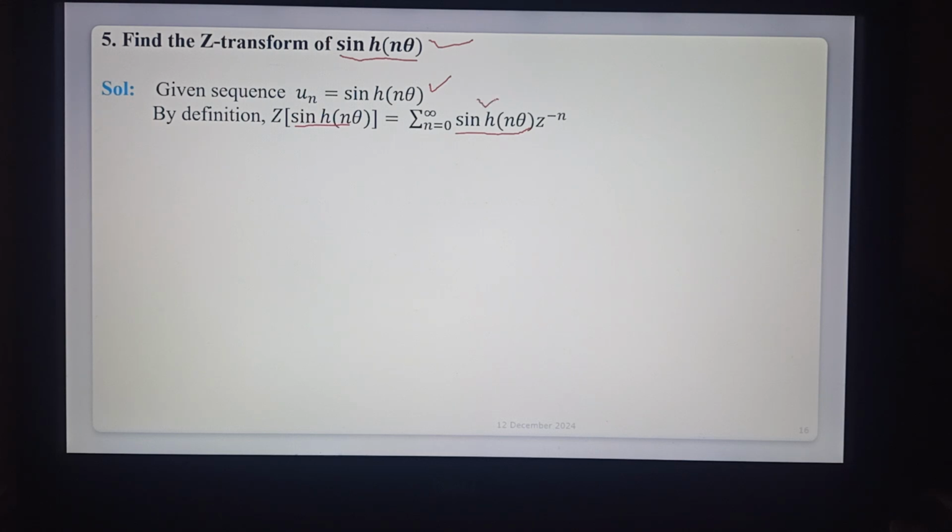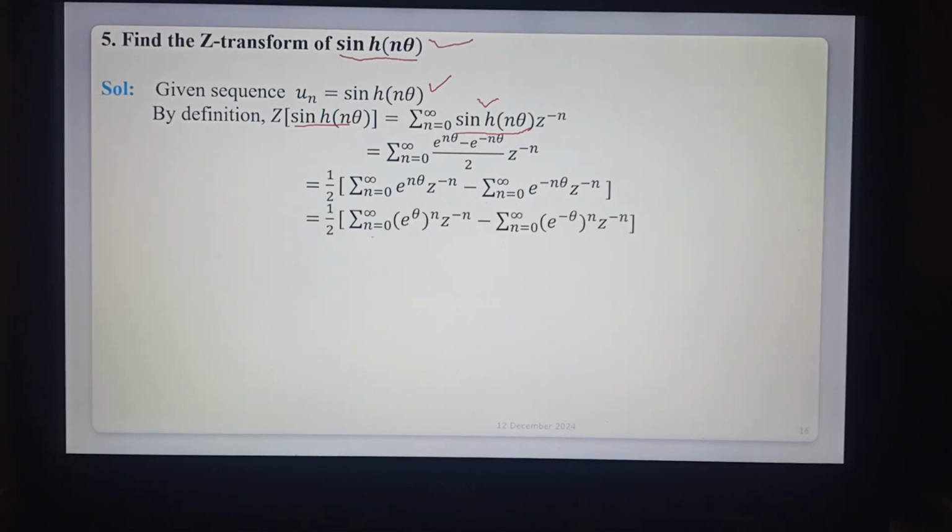Sinh x means the hyperbolic function. By using that formula, the summation from n equals 0 to infinity of e power n theta minus e power minus n theta by 2, into z power minus n. Now separating, 1 by 2 is common, so 1 by 2 into the summation n equals 0 to infinity of e power n theta into z power minus n, minus the summation n equals 0 to infinity of e power minus n theta into z power minus n.